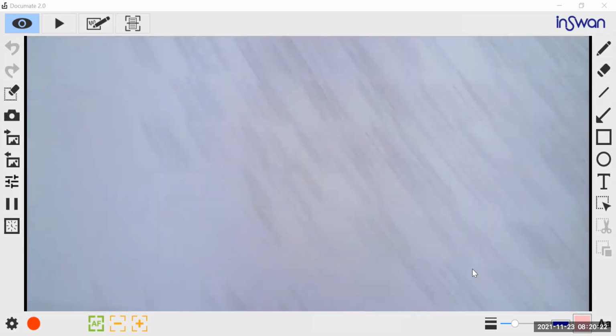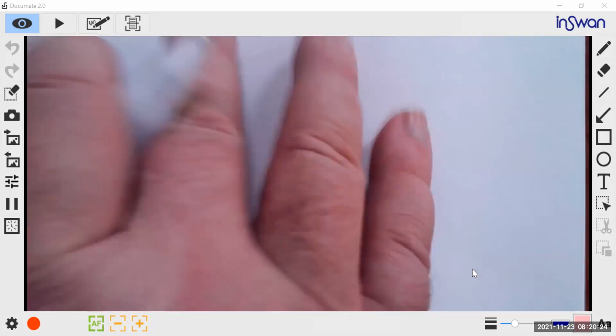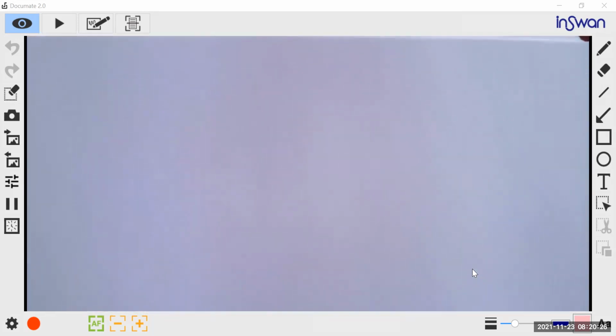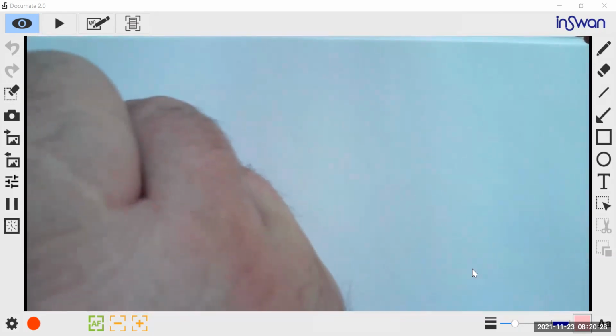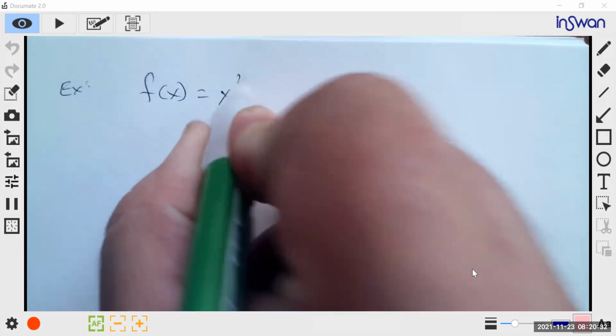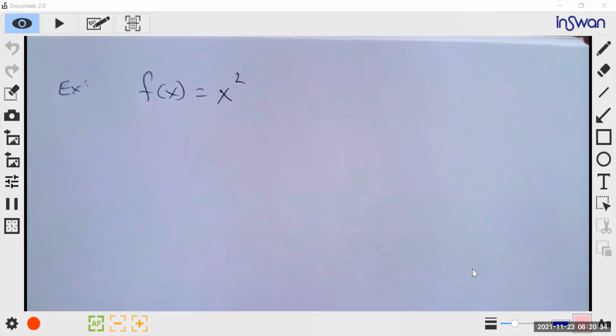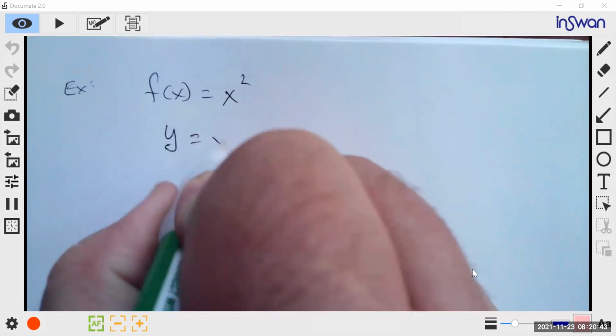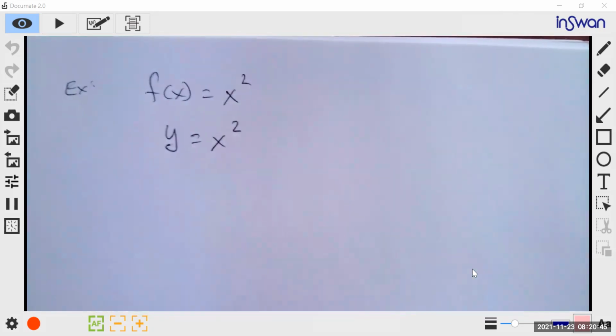Let's go ahead and find the inverse of that function. F of x equals x squared. Find me the inverse. What's my first step? Very good. Y equals x squared. Next step.